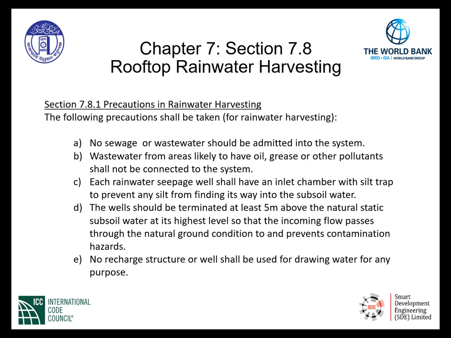This list indicates certain contamination like sewage and wastewater and oil and grease or other pollutants are prohibited from entering this particular part of the system that we call the rainwater harvesting part of the system, as well as wells terminating at least 5 meters above the static subsoil water, and specifically no recharge structure or well can be used for drawing water for any purpose.